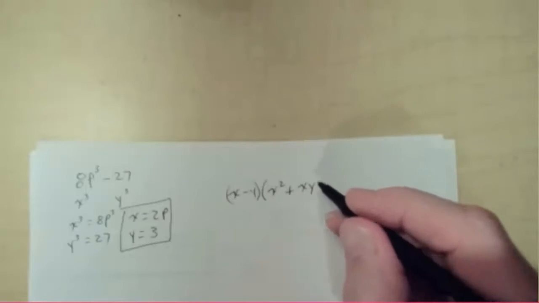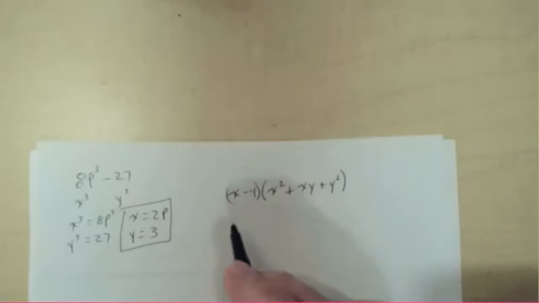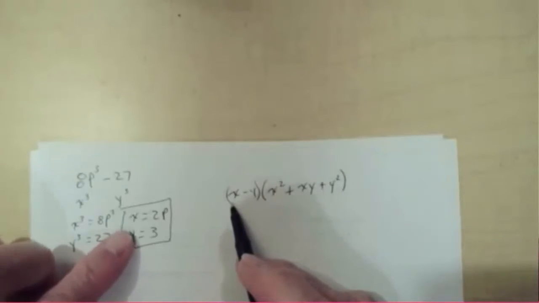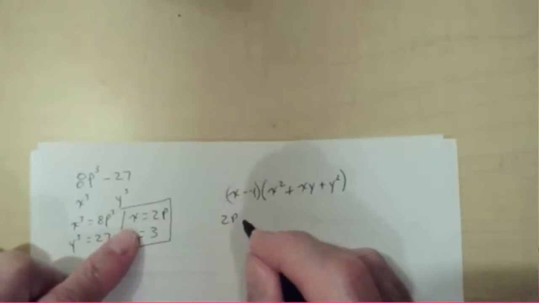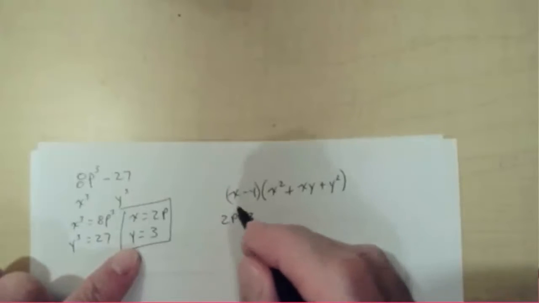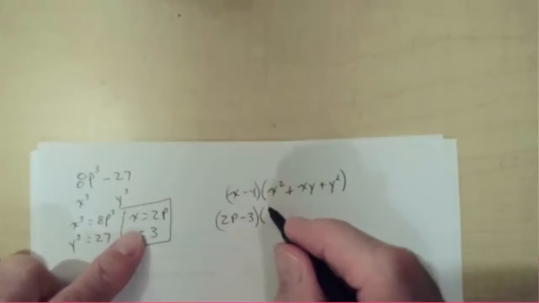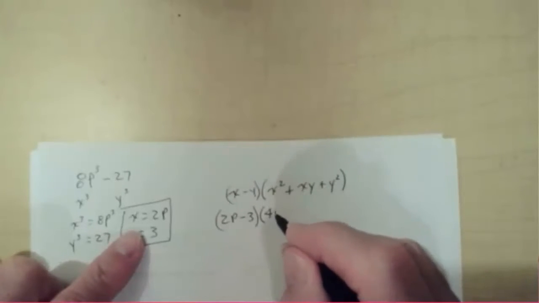plus y squared. Now all we do is just plug in the numbers and do any multiplication if we have to. X is 2p minus 3, okay, x, y, x squared. X is 2p, so x squared is 4p squared, right?